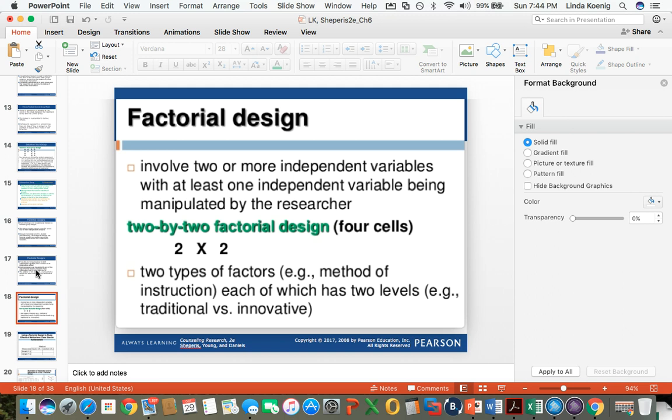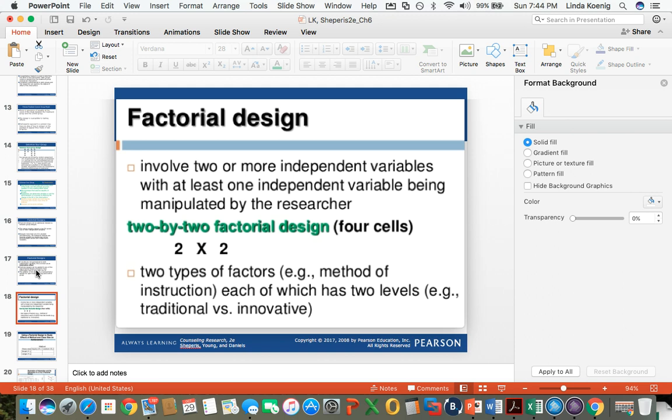All right, so in factorial design, we've already said two or more independent variables, at least one dependent variable. We have a 2x2 factorial design, which shows us 4 cells. We're going to look at that in the next slide.